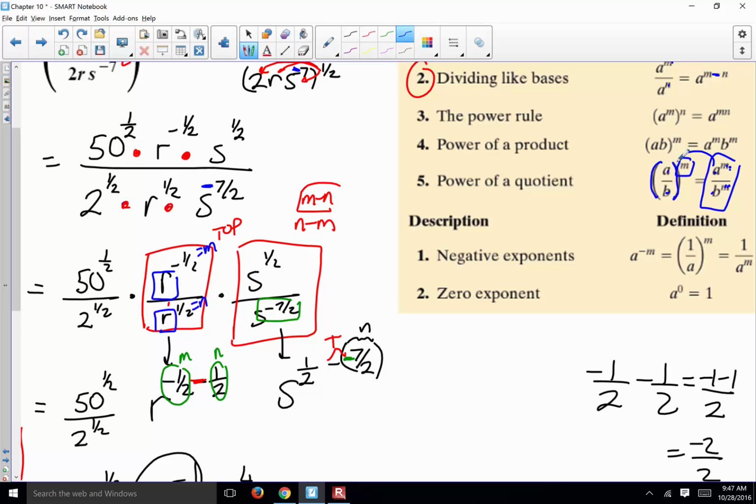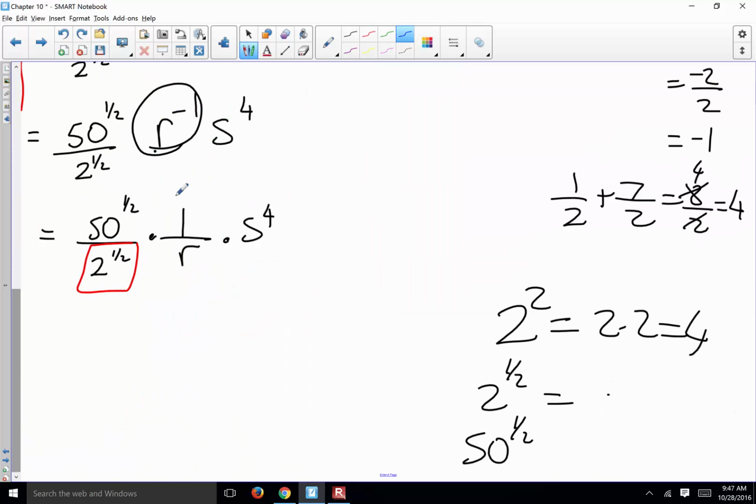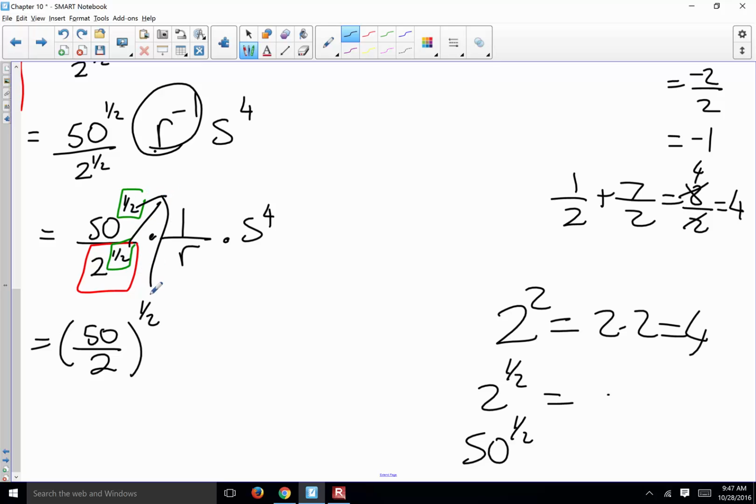There is already a shared power here, 1 over 2, 1 over 2, matching. I can put 50 and 2 together and take that power out. Whenever you need to, you can take it back out. Now what is 50 over 2? 25.